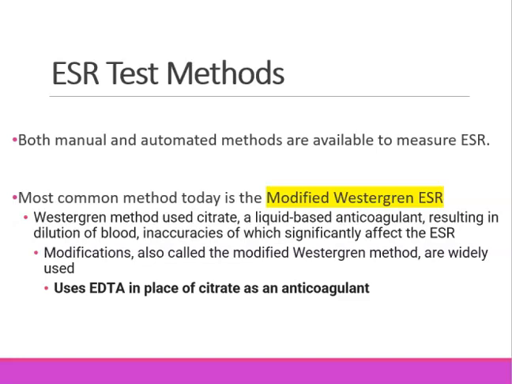There was an older method just called the Westergren method, and it used citrate as a liquid-based anticoagulant, and it resulted in dilution of blood, which caused inaccuracies in the ESR. So most times people are going to use the modified method now, and that's the method that we're going to use, where we use the EDTA in place of the citrate as an anticoagulant.